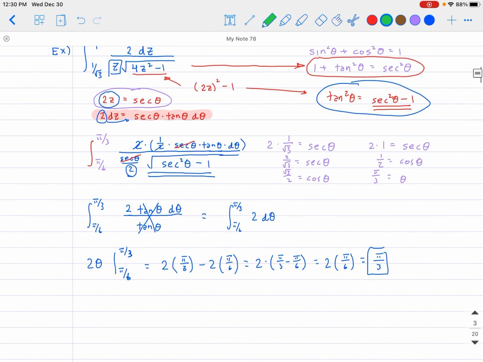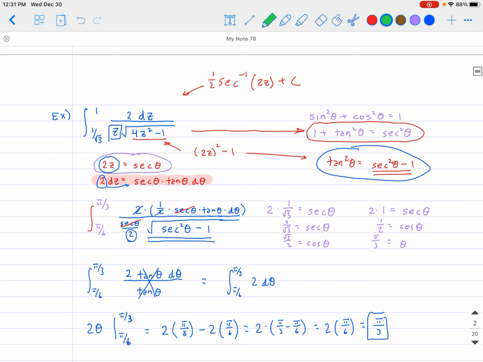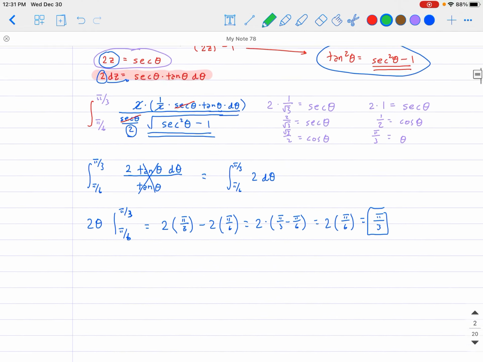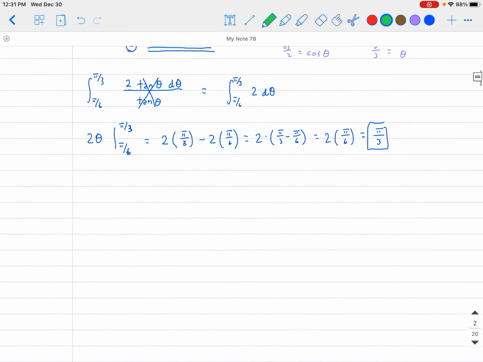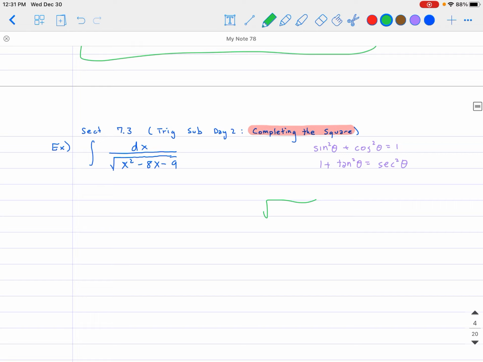In short, any time you have something like the square root of a squared plus x squared, or a squared minus x squared, or the square root of x squared minus a squared, you can use some sort of trig substitution.